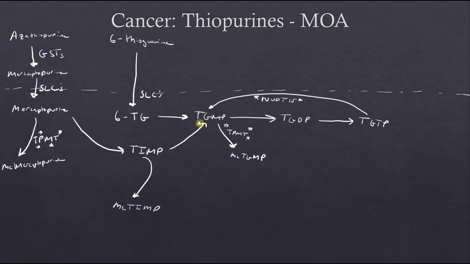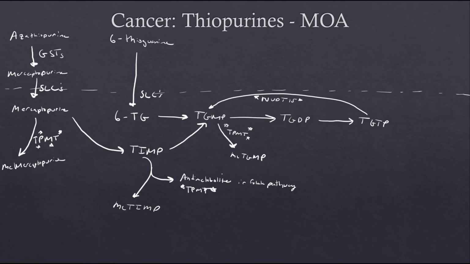Now let's take a look at what the actual pharmacodynamic and therapeutic effects of all this metabolism of the thiopurines is. First, the pharmacodynamic and therapeutic effect is with TIMP, and it becomes an anti-metabolite in the folate pathway, just like the folate pathway we talked about with the previous CPIC guidelines, and that directly has to do with TPMT.